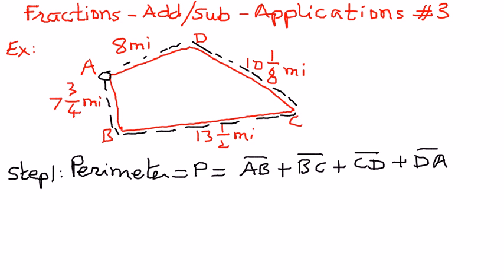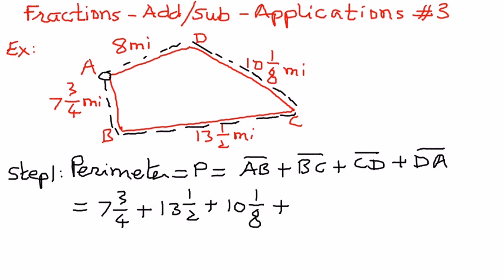These are the four line segments we have, and therefore to find the perimeter, we're going to substitute the values of these line segments. Line segment AB is 7 3/4 miles, plus the line segment BC is 13 1/2 miles, and the line segment CD is 10 1/8 mile, and then line segment DA is 8 miles.